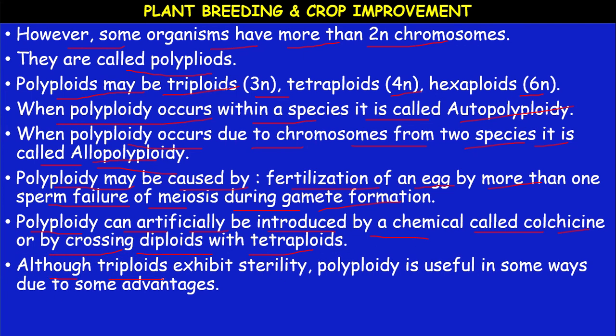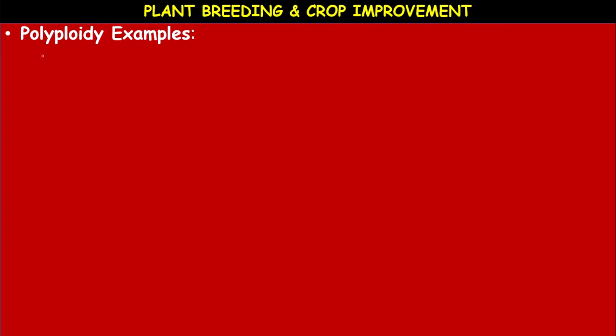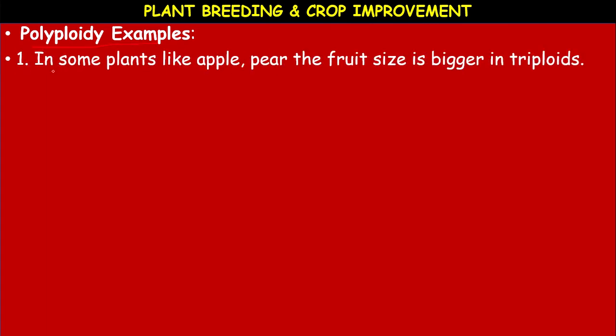Although the triploids exhibit sterility, polyploidy is useful in some ways due to some advantages. So, let us discuss polyploidy examples.